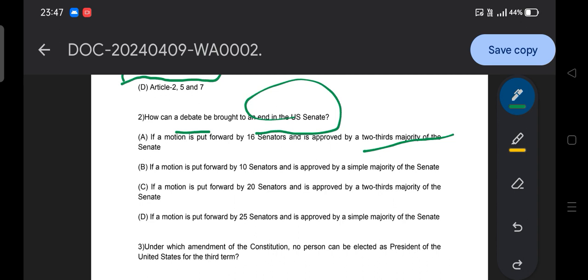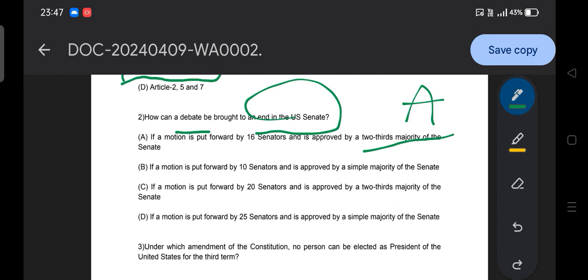So what is the process? If you know, you can provide the answer, but the correct answer is option A. If a motion is put forward by 16 senators, then the debate in the USA Senate ends.